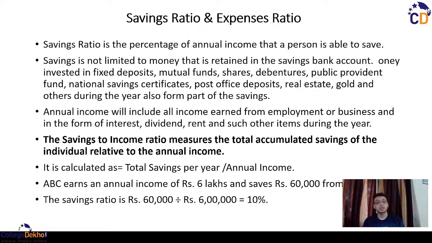Now the savings to income ratio measures the total accumulated savings of an individual relative to the annual income. Here an example is given, total savings per year divided by the annual income is your formula.